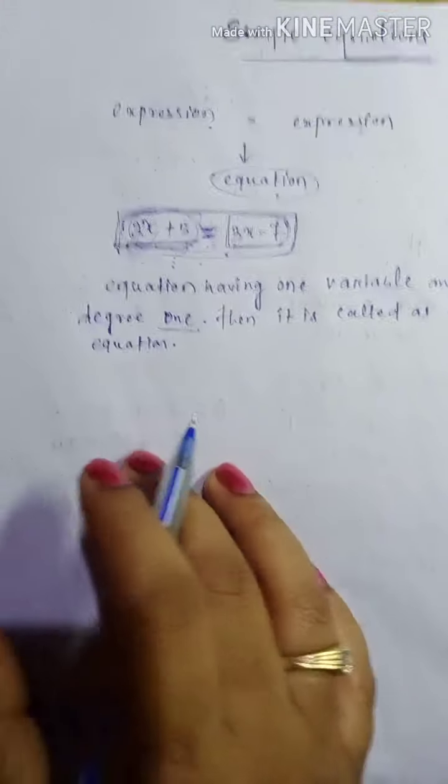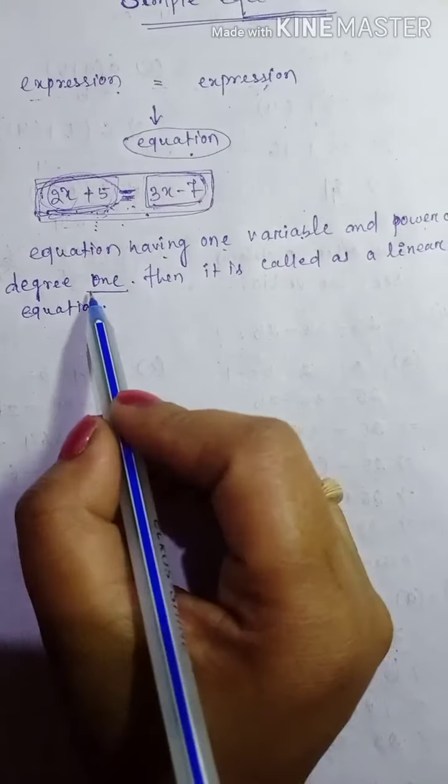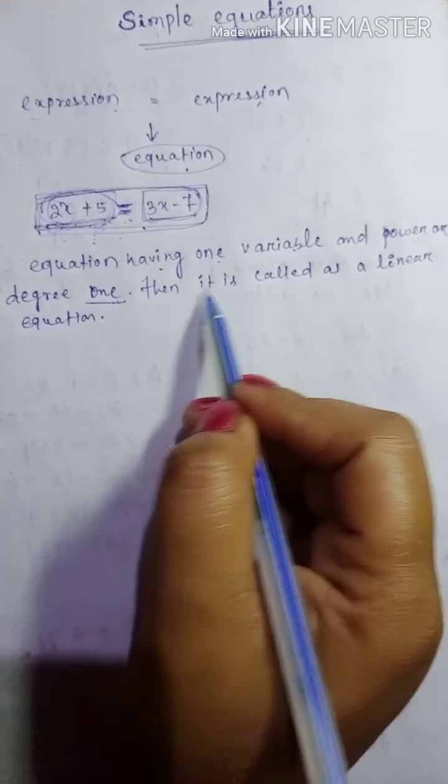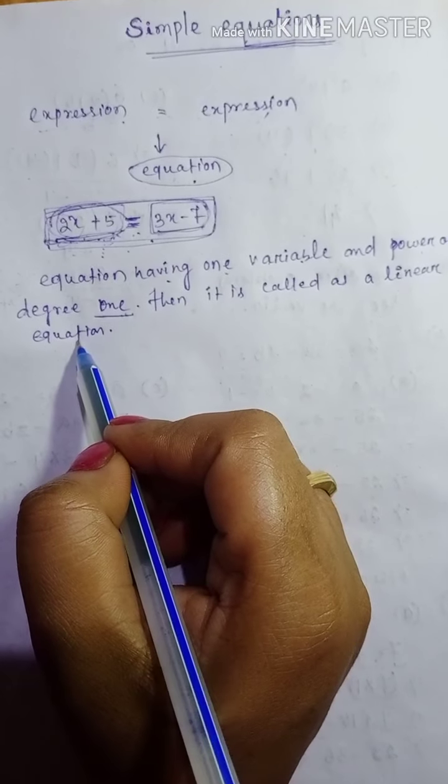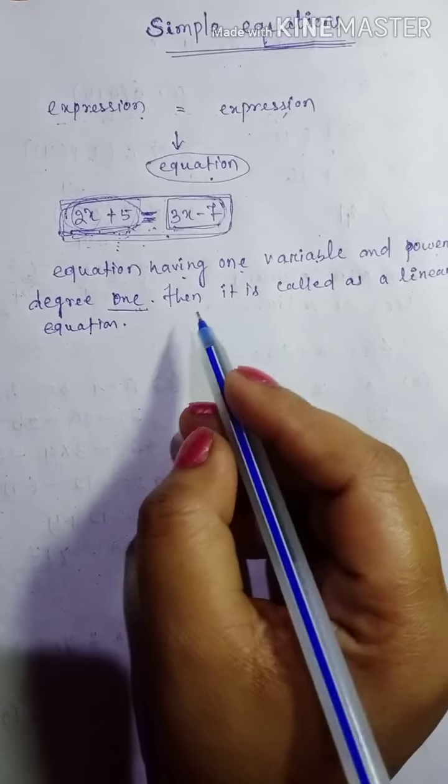What am I saying? An equation having one variable and power 1, or degree 1, is called a linear equation.